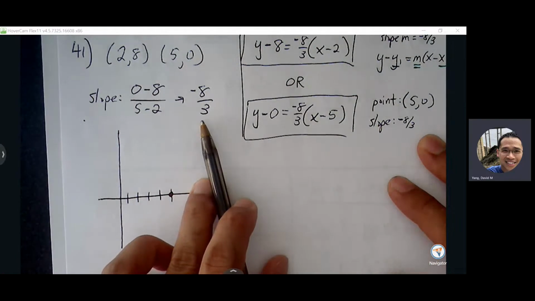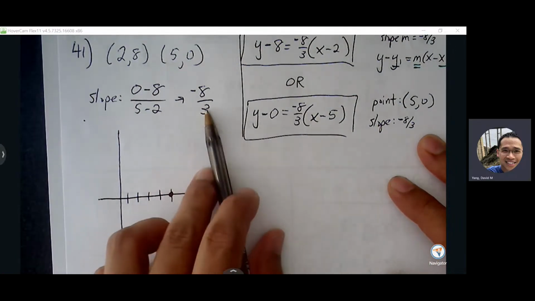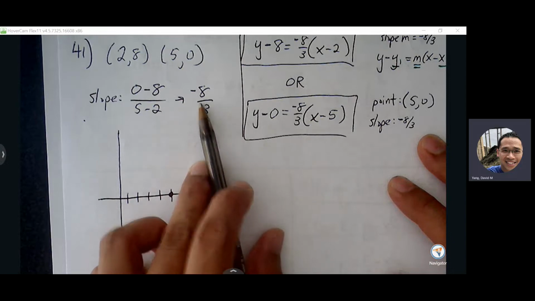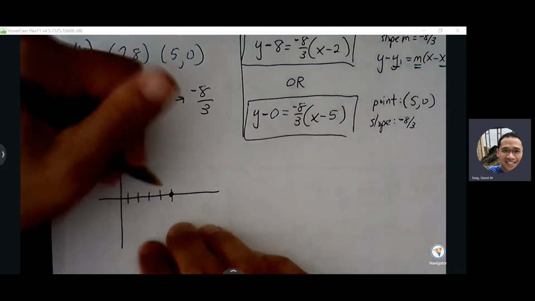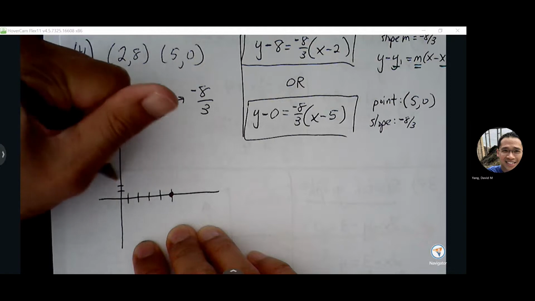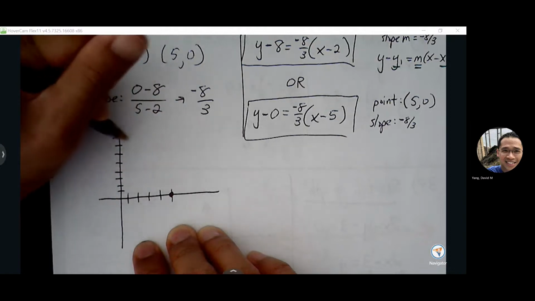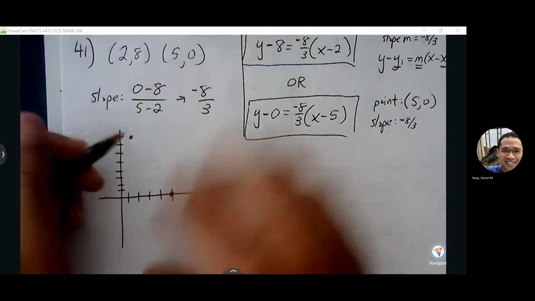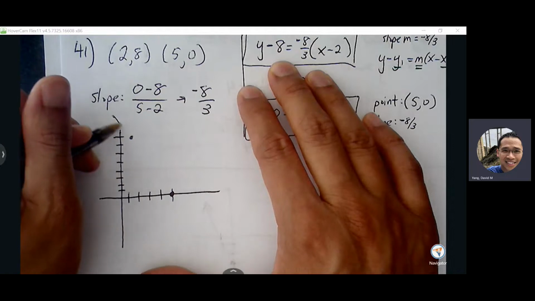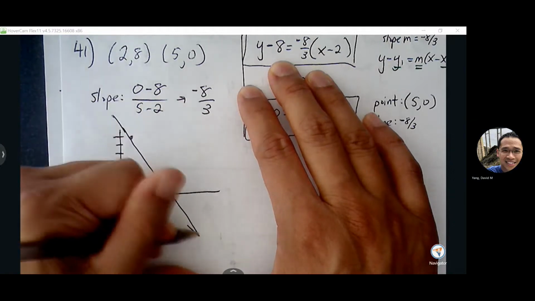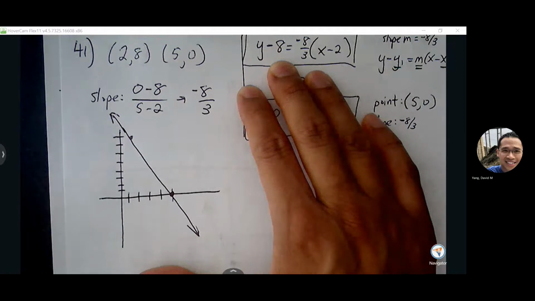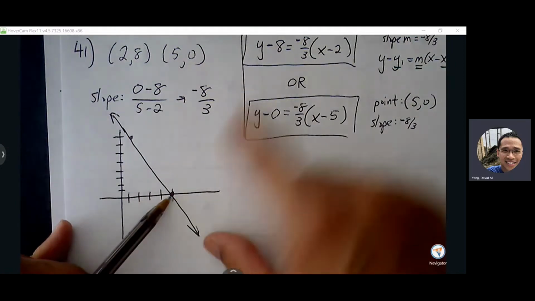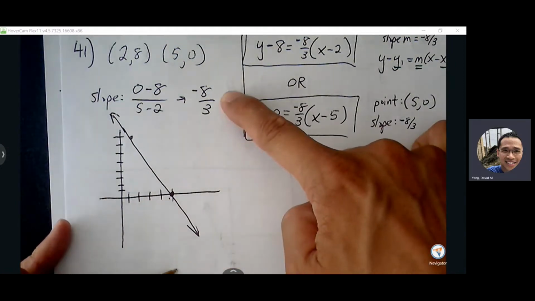And technically I don't even have to have the slope because I can just plot 2, 8 and just connect a line between those 2 points. But it's the same thing as plotting 5, 0 and then going down 8 and over 3. It's going to still fall along that line.